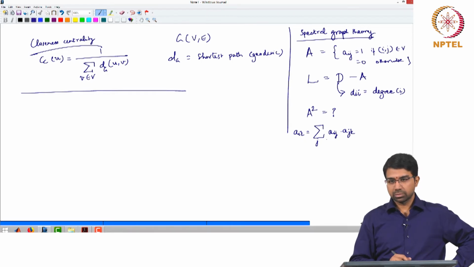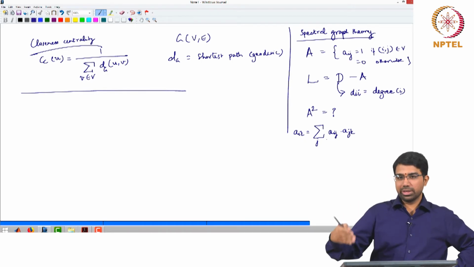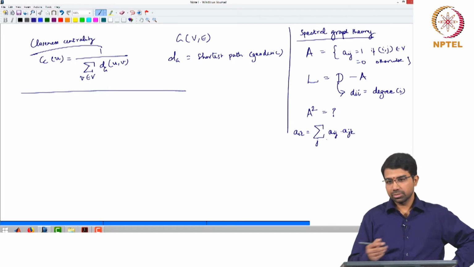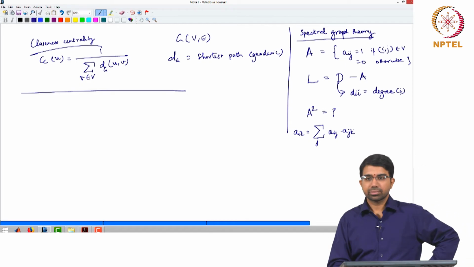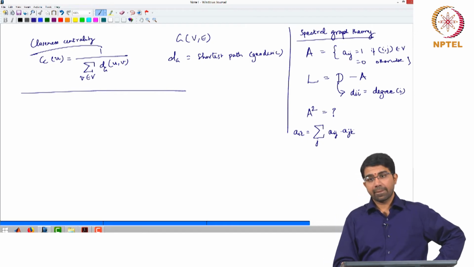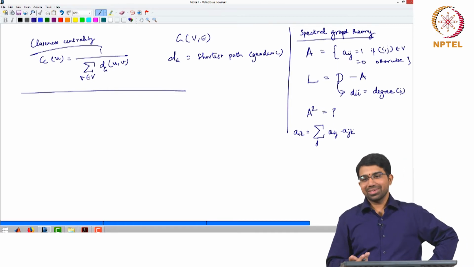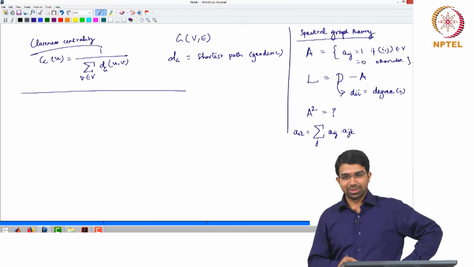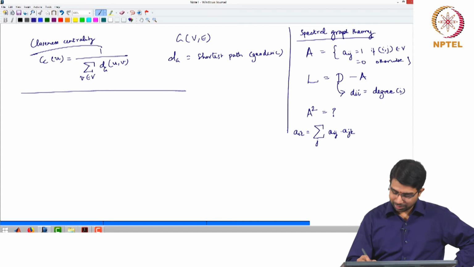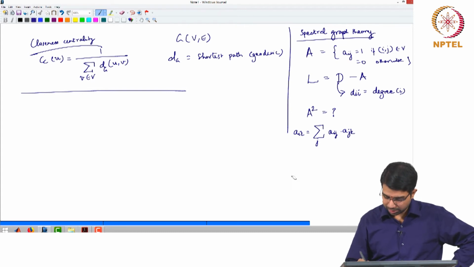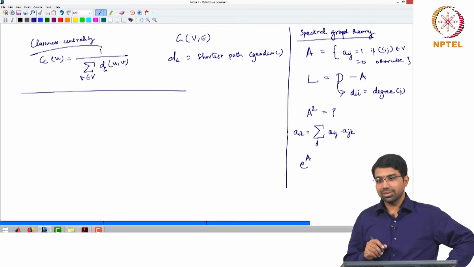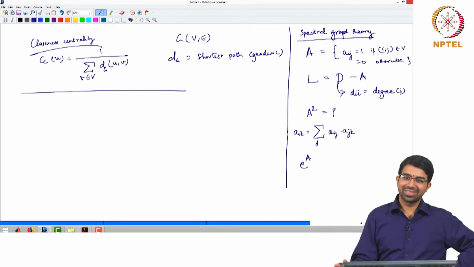You will have 3 for loops when you do a matrix multiplication. If you are interested in after what stage everything becomes 1 and no zeros are there in A to the n, that would be like your diameter or something like that, but it would not be the most efficient way to compute the diameter. But you could do something like e to the A even, that will tell you if there is a path at all in some sense.